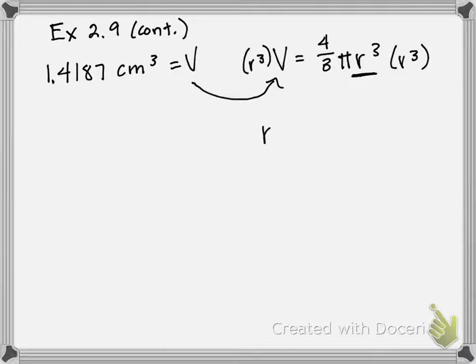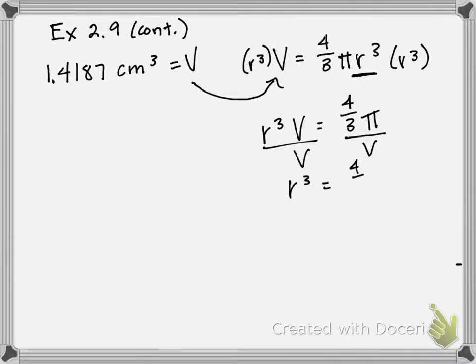So that's going to be our 3v equals 4 over 3 pi. And then I'm going to divide by v. So r cubed equals 4/3 pi v.